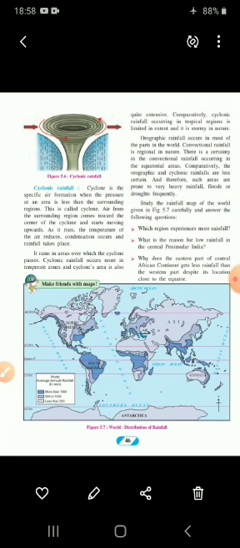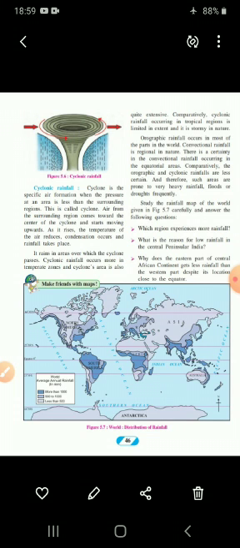We witness this type of cyclonic rainfall during the rainy season, summer season, when the temperature is very high above the surface of the earth, especially in the temperate and equatorial regions. Moreover, orographic rainfall occurs in most parts of the world. Understood? Most parts of the world receive rainfall from orographic rainfall.